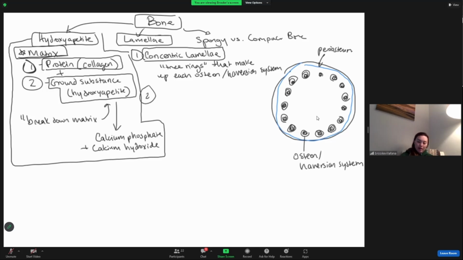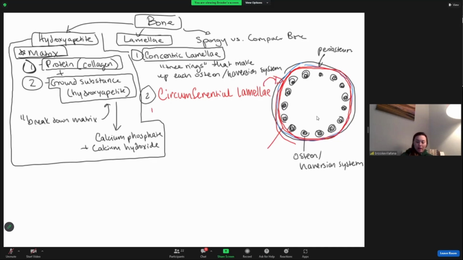The next type, let's draw it in a different color, is our circumferential lamellae. So this one goes around the entire circumference of the bone. So our circumferential lamellae would look like this, going around the outside as a few rings here. Okay, so this is our circumferential lamellae in red.